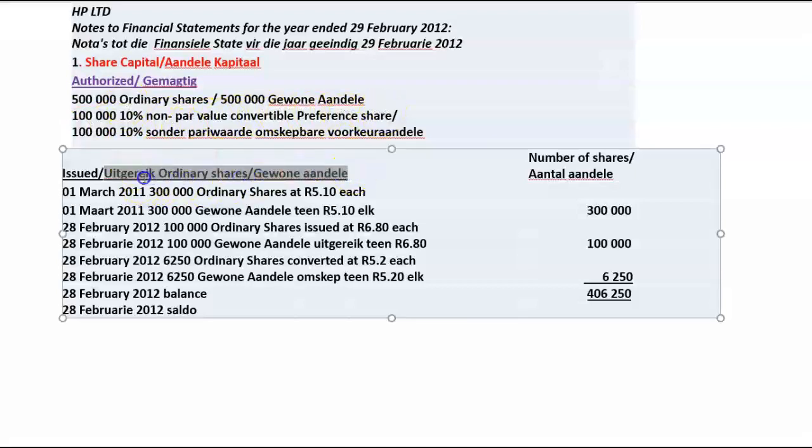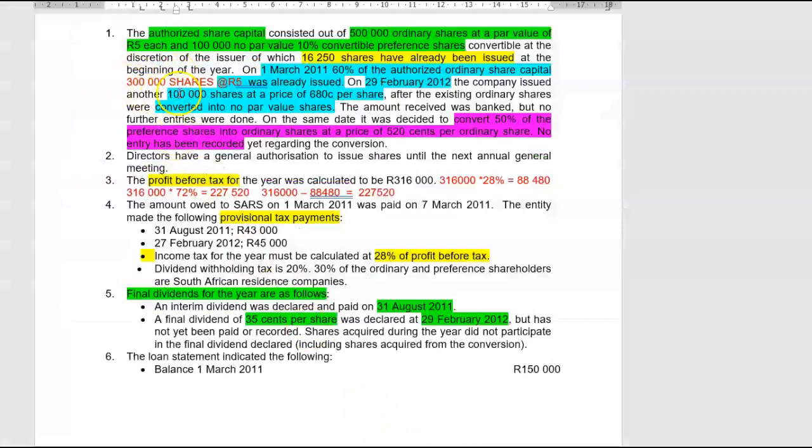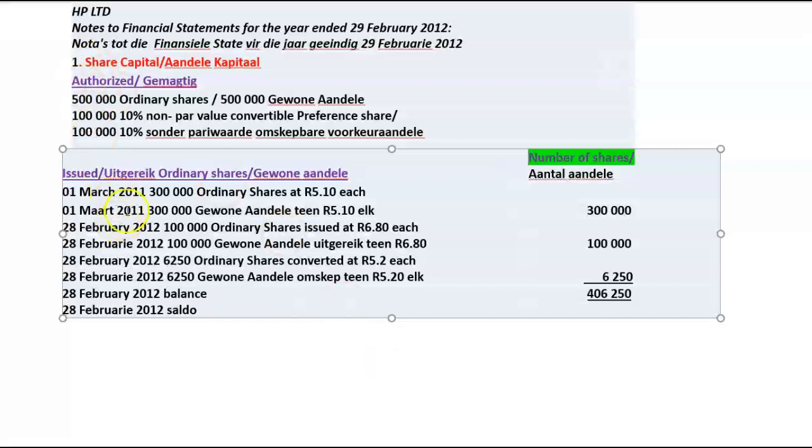The next one that you have to show is the issued share capital. So issued, and very important, only the number of shares. Now at the beginning of the year, we have said that there was 300,000 ordinary shares issued. So 1 March 2011, 300,000 ordinary shares.